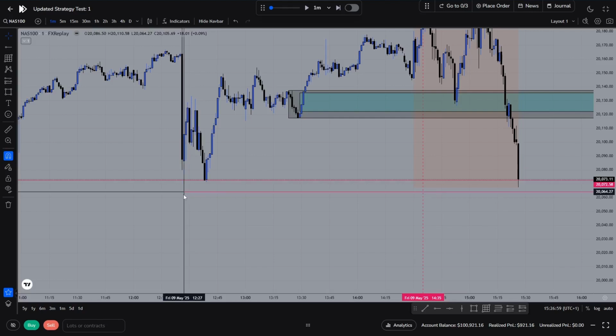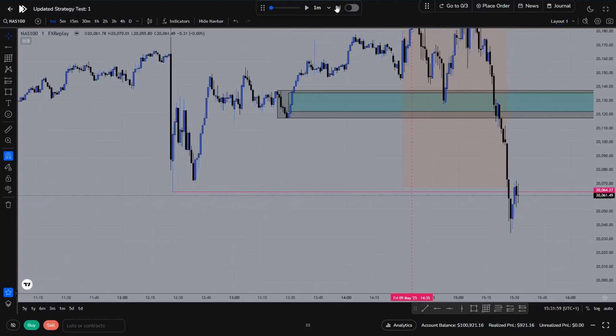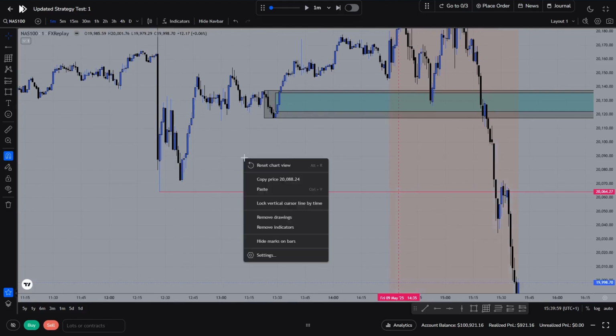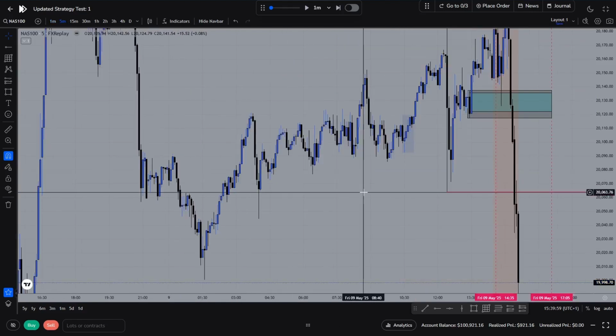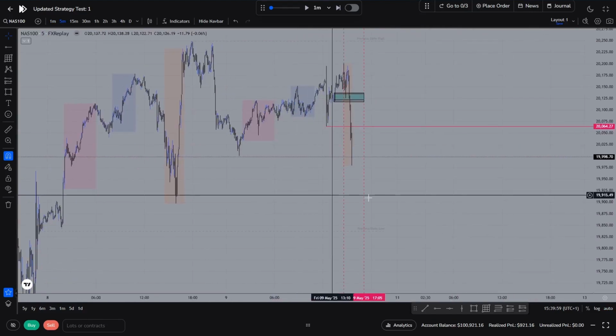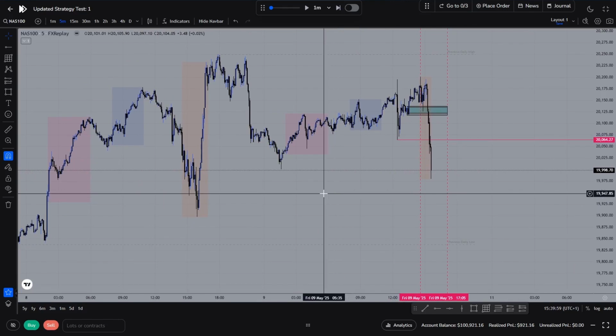Is that what you're on? Yeah. Looks like I was wrong, but because of how my entry model is formed, I don't trade unless they all align.